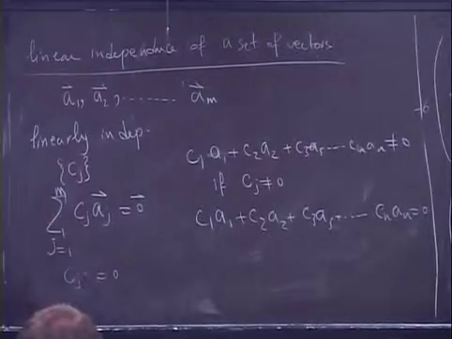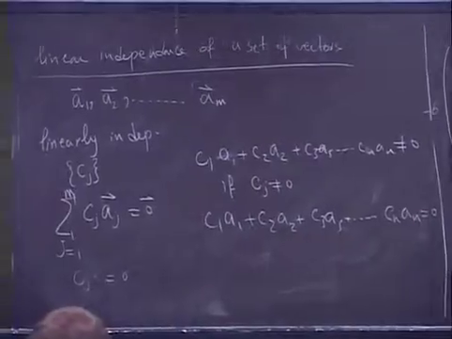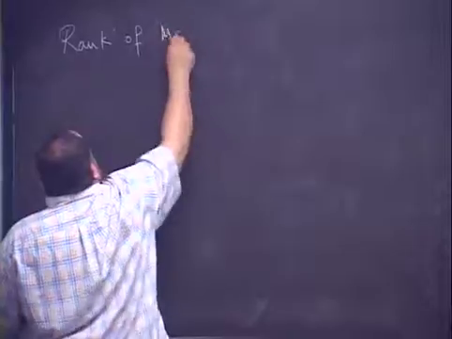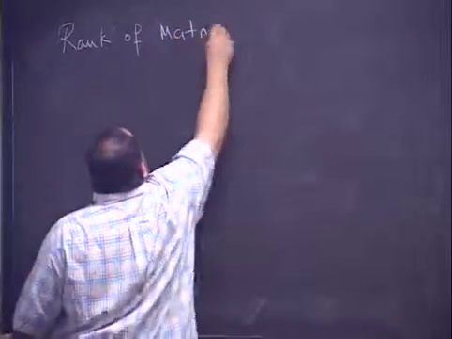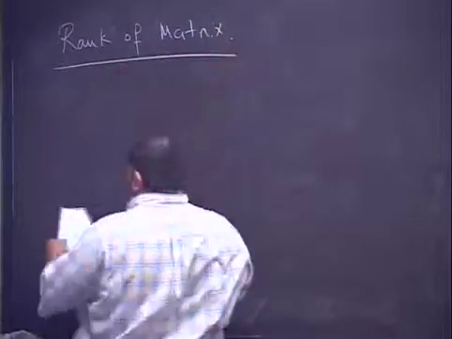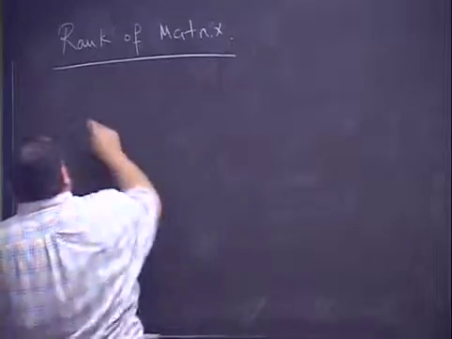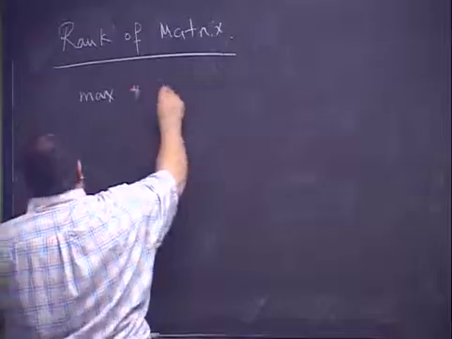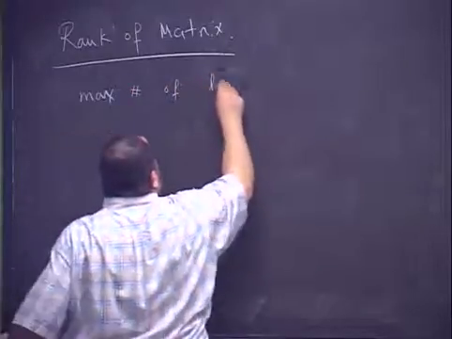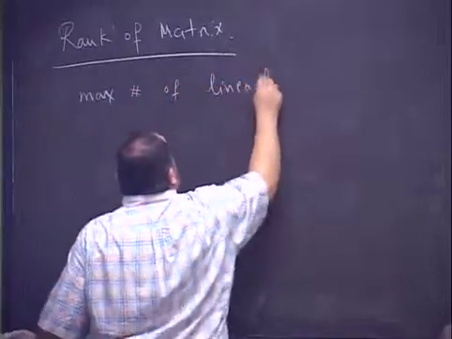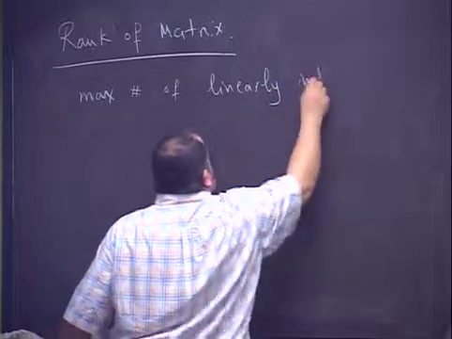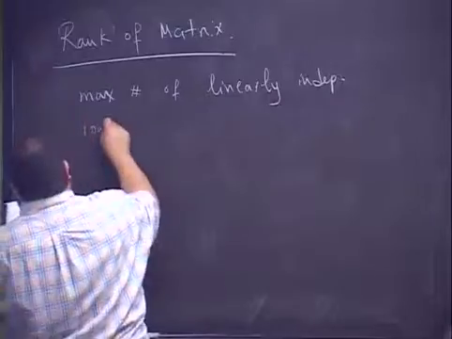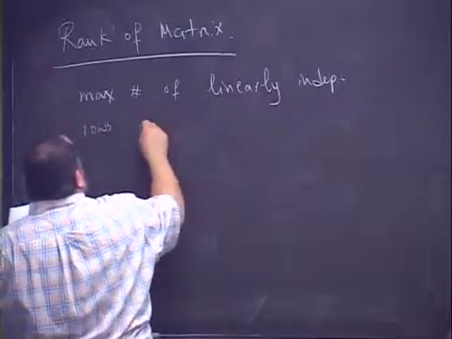So if I ask you what's the matrix rank, the rank of the matrix is defined as the maximum number of linearly independent rows or vectors.